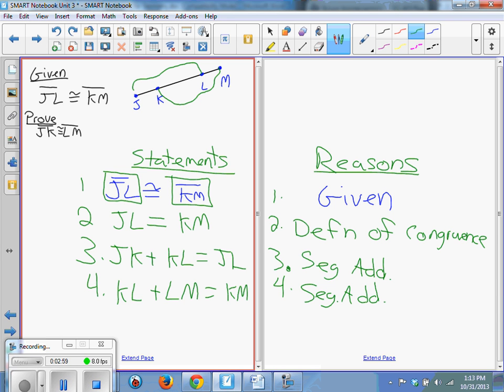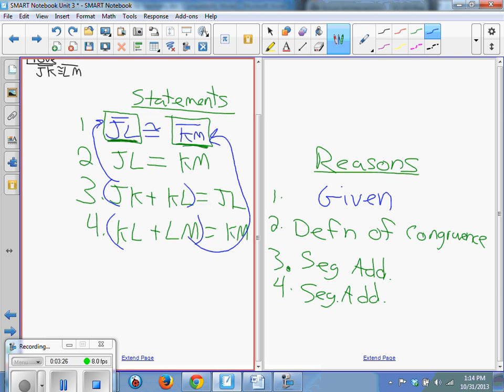All right, now we're going to break it down a little bit further, do some substitution. Because I know that JL is equal to KM, I can take whatever JL equals and plug it in here, and whatever KM equals and plug it in there as well.